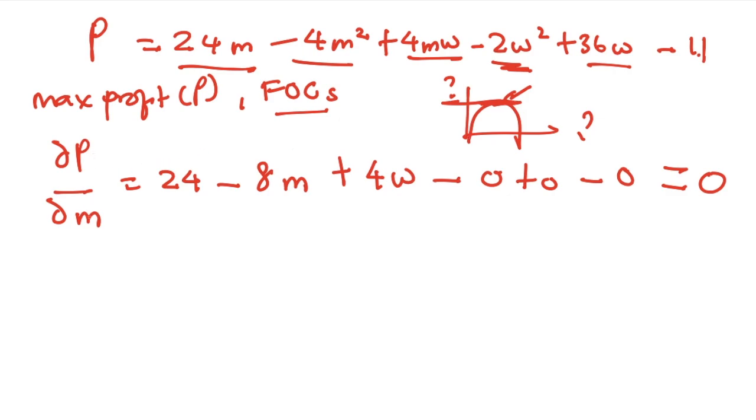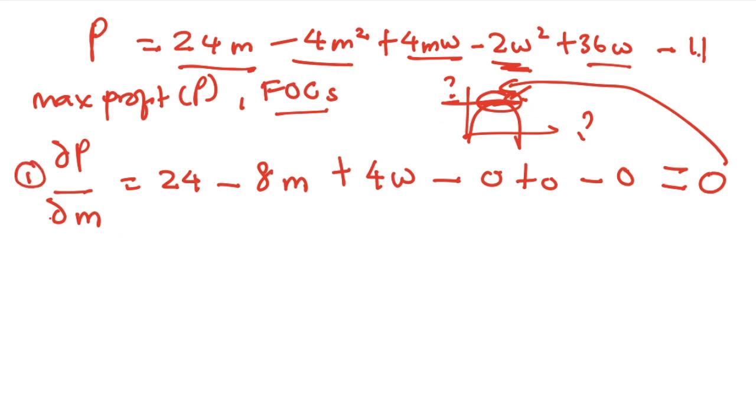Delta P over delta M is the marginal profit with respect to M, with respect to cheesecake. So when we equate it to 0, it means we are maximizing it at this peak point. Is it clear? All right.